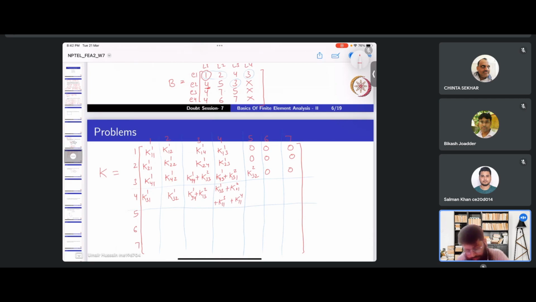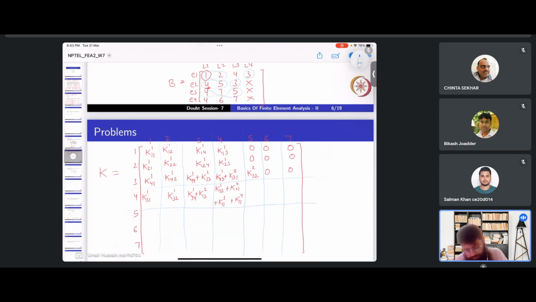And again 45 is connected in which elements? You see 45 connection is there in element 2, and 45 are also connected in element 3, right?